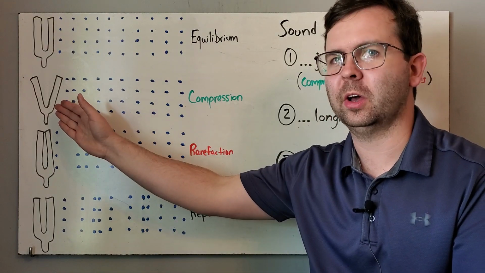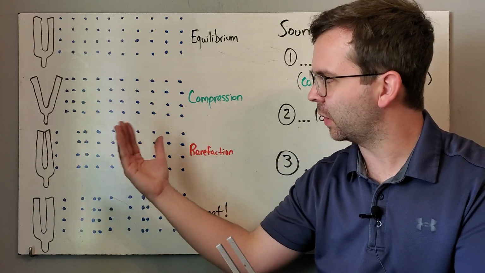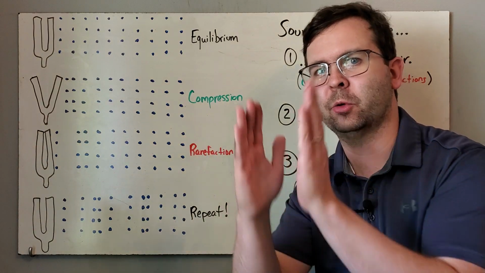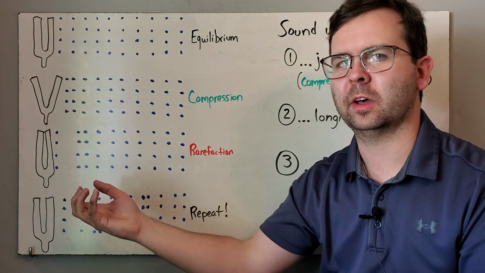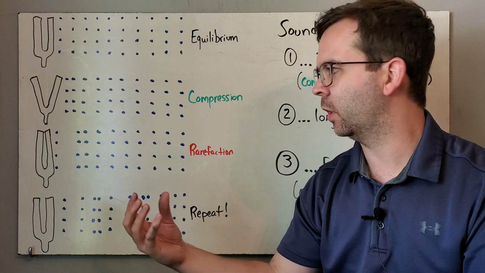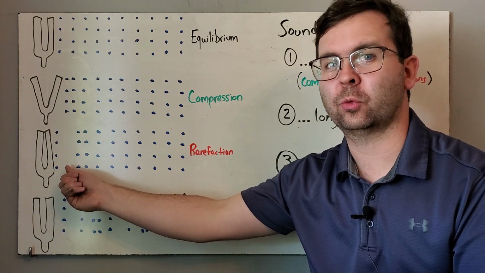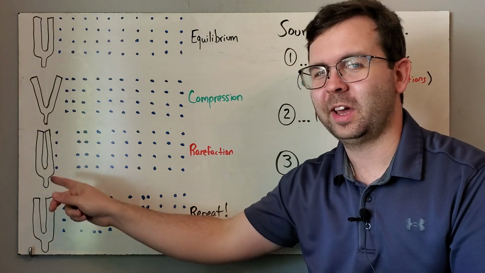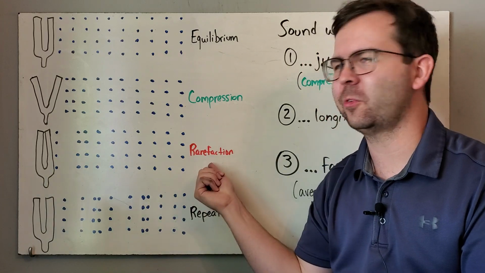But the tuning fork's not done because it's got to vibrate or oscillate back, so it retracts in a little bit. It goes out and then it comes back in. As it does that, it creates kind of a vacuum effect, or just a lack of air molecules there. You could say that the air is rare in this region, and that's why this is called a rarefaction.